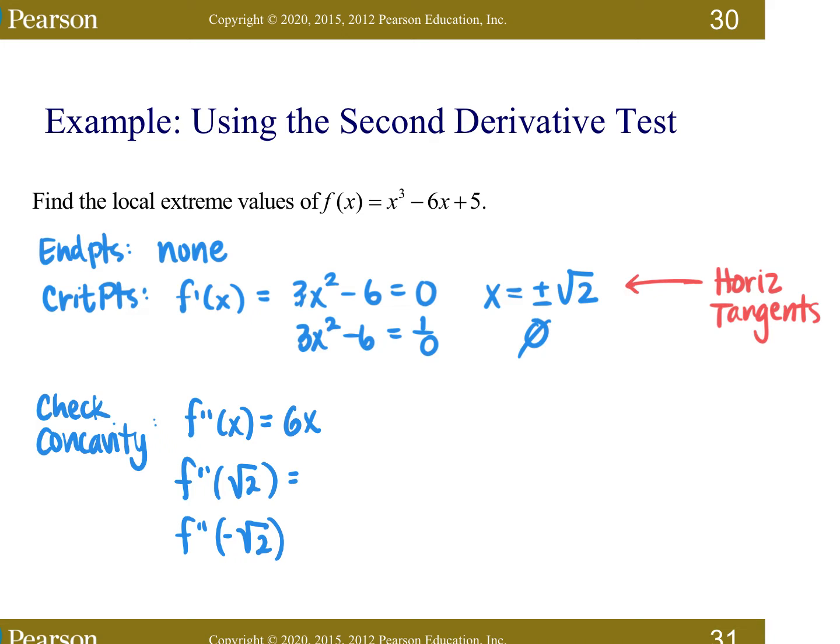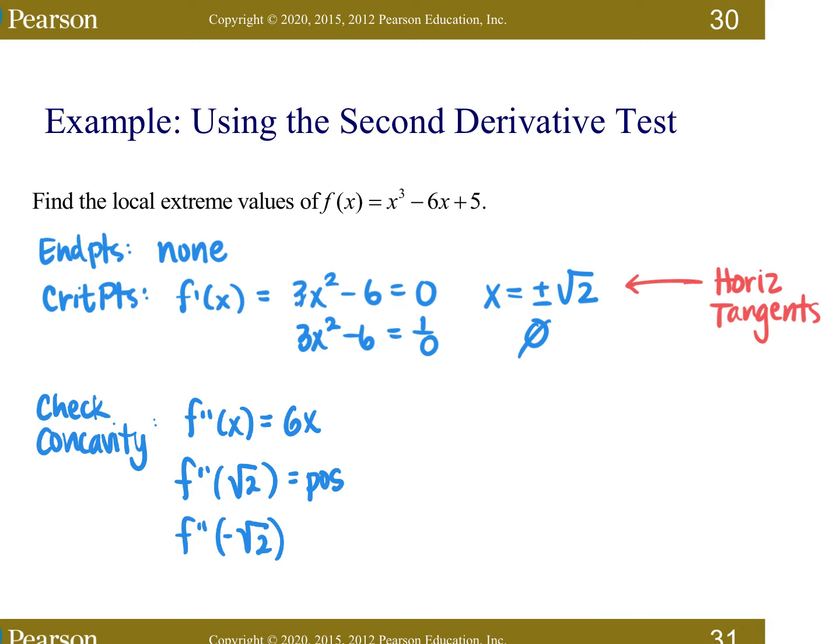If I plug square root 2 into the concavity, what kind of number do I get? I get positive. So if the square root of 2 is both a horizontal tangent and positive concavity, what does that mean? Very good. Can you picture that? It has both a horizontal tangent and positive concavity, which is like the U sitting up there like that.